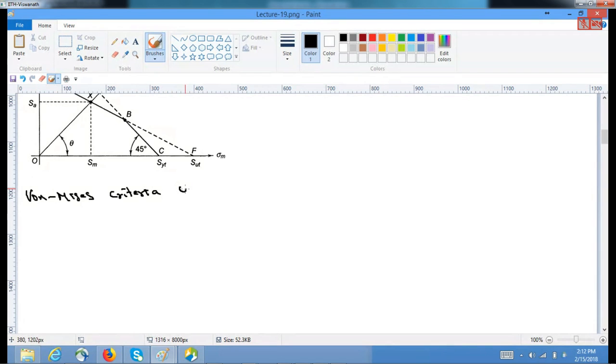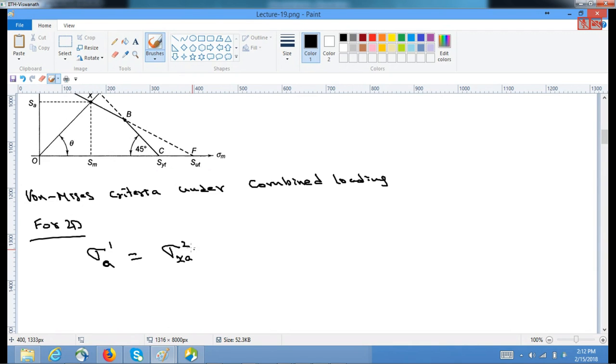Under combined loading, for 2D, we have shown that based on the von Mises criteria, we can write our effective sigma A dash is equal to the square root of sigma XA whole square minus sigma XA sigma YA plus sigma YA whole square plus 3 times tau XY amplitude square.